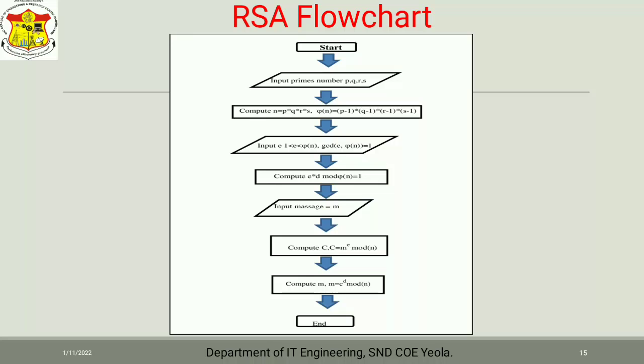Choose the value of E in such a way that it lies in the range of 1 and phi of n, and it satisfies the condition GCD of E and phi of n equal to 1.